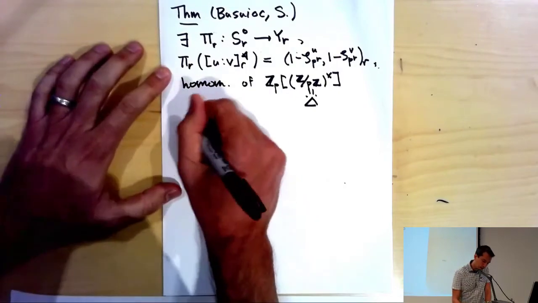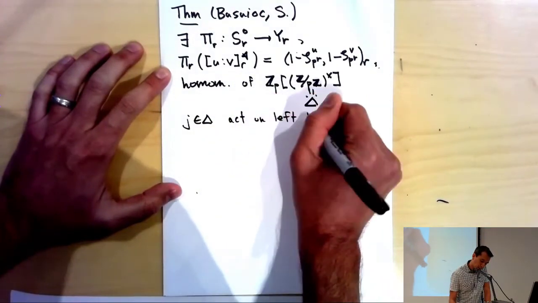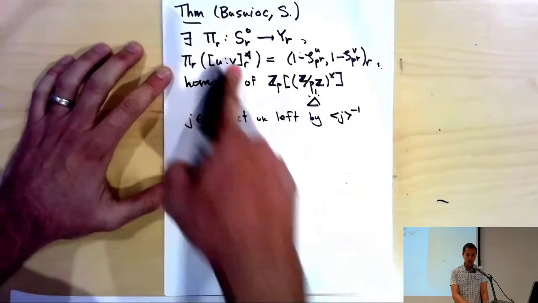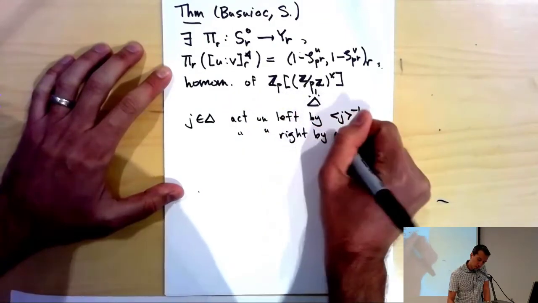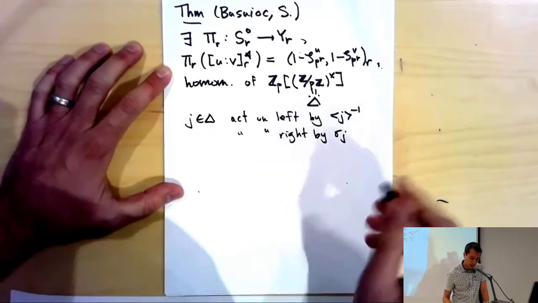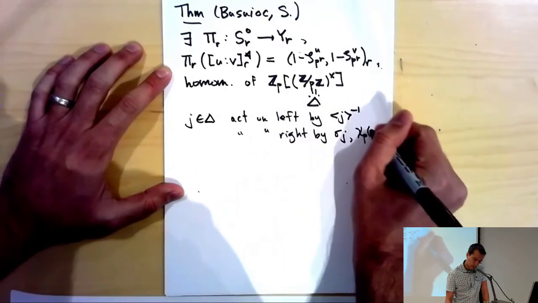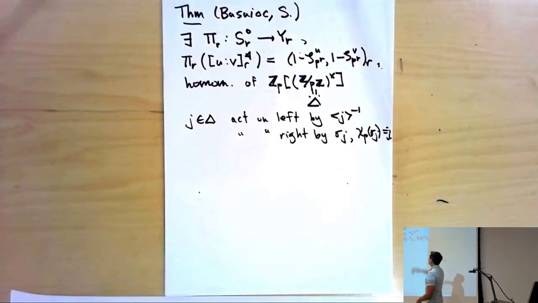So if I have J in delta, then I can act on the left by delta J inverse, and that takes the symbol to JU, JV, you can check, and act on the right by sigma J, where the p cyclotomic character applied to sigma J is J. So chi p was the p cyclotomic character in previous talks. And that will just raise the root of unity to the jth power, both sides.